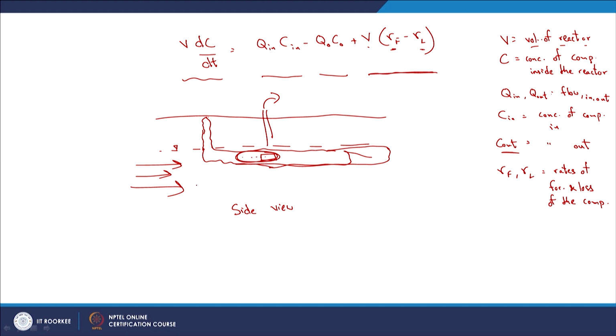Again, if I take this to be the x direction, due to the effects of advection, dispersion and any other rates of loss of the relevant compounds, as the compound moves in this direction, the concentration changes, right. The concentration is different from 0 to x. The concentration is changing like this.